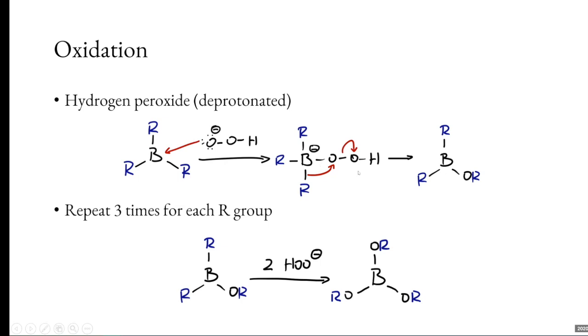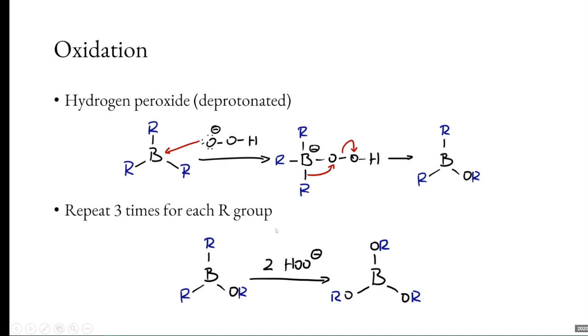And then because the O-O bond is not stable enough, this R group will migrate. The R group will migrate to the oxygen and kick off an OH group. So now we have an OR, alkoxy group, instead of just an R group.